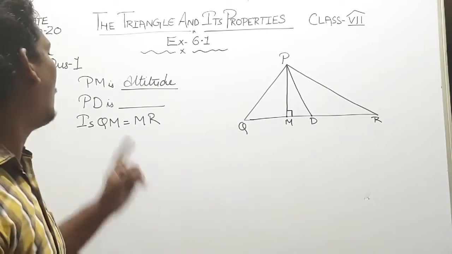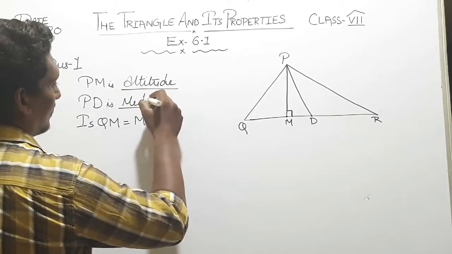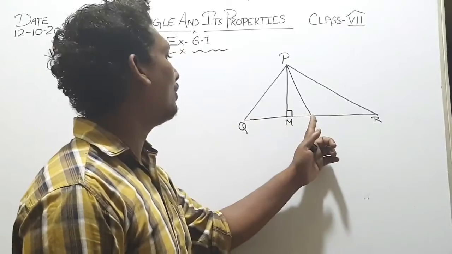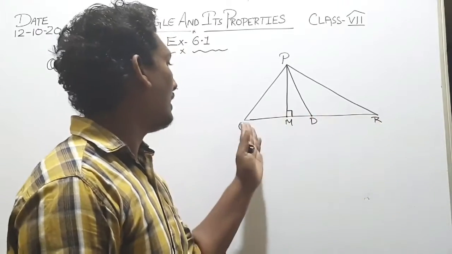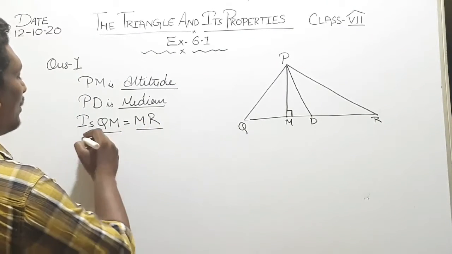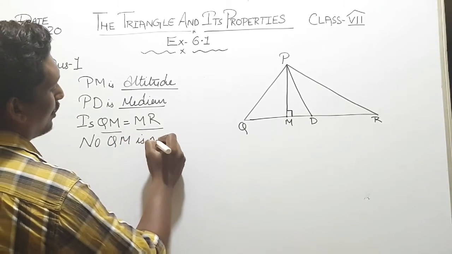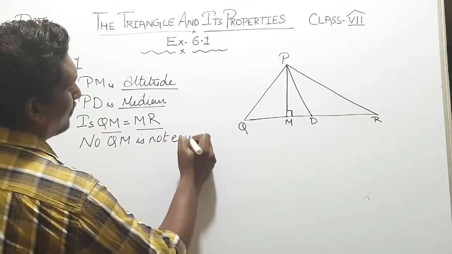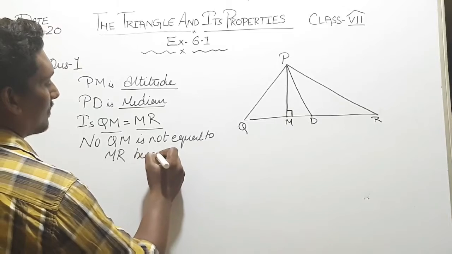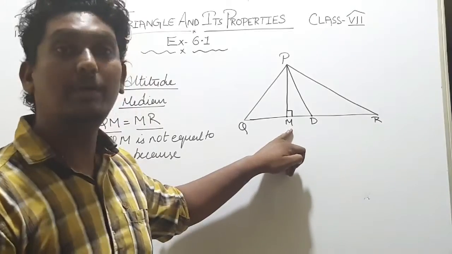In the second case, what is PD? PD is the median, because D is the midpoint of QR and QD is equal to DR. The question is, is QM equal to MR? No. QM is not equal to MR because here M is not the midpoint.